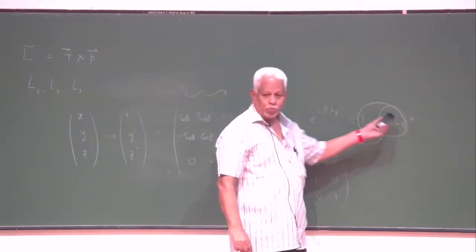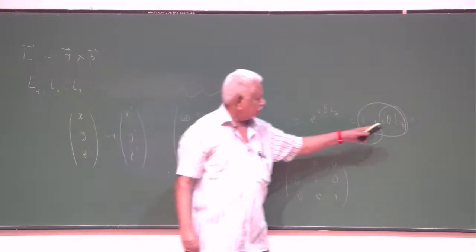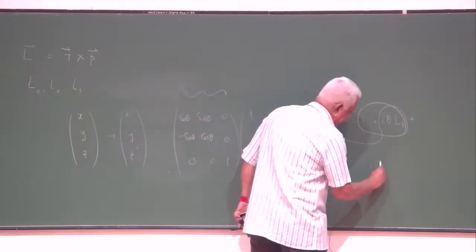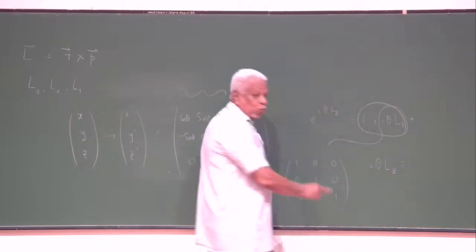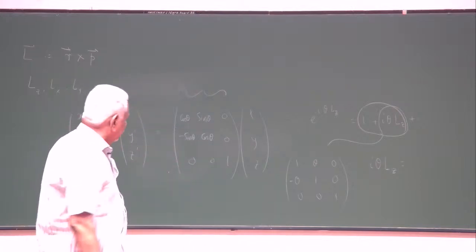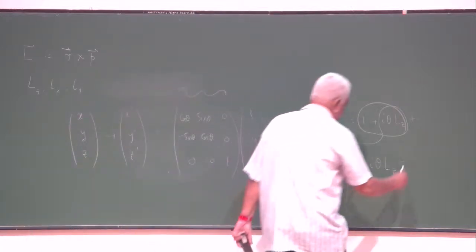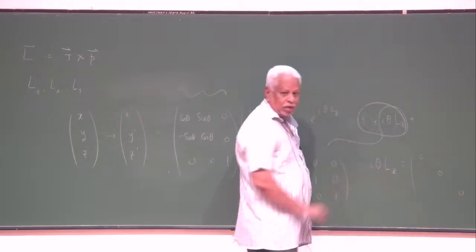You subtract 1 from this, then you will get i theta Lz. i theta Lz is this matrix minus the identity matrix. So, i theta Lz is 0, 0, 0, because the 1 will cancel out.